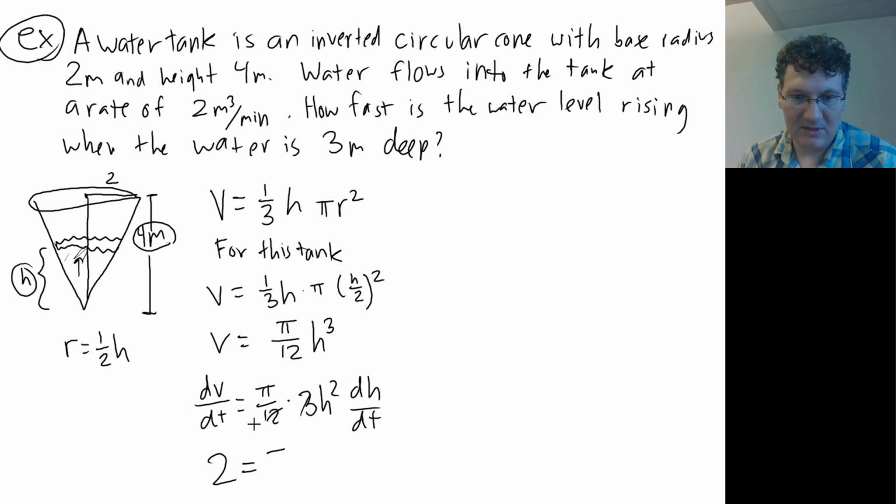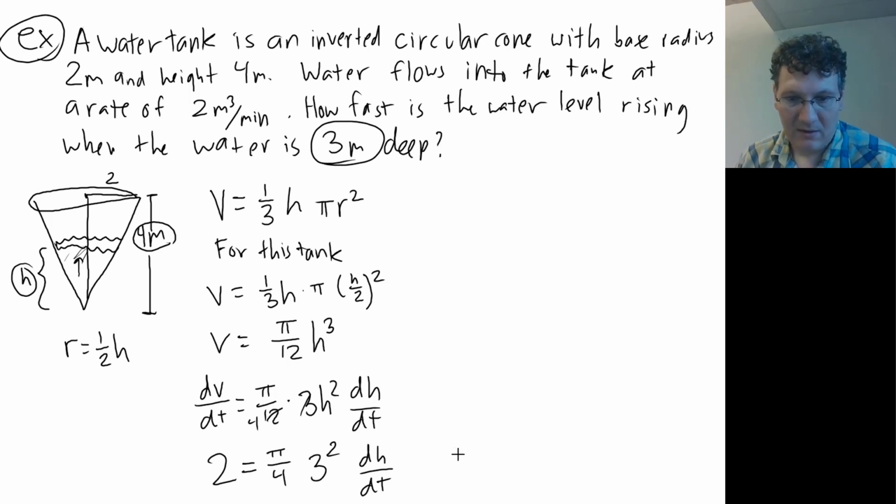The 3 is going to cancel there, so we'll have pi over 4, and then we have at what time. We are asked when the water is 3 meters deep, so h is going to be 3, and then dh/dt is what we're solving for. So if we solve this, dh/dt is going to be 2 times 4 over pi times 1 over 9.